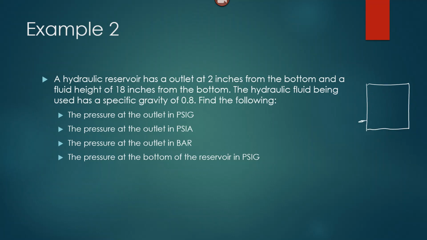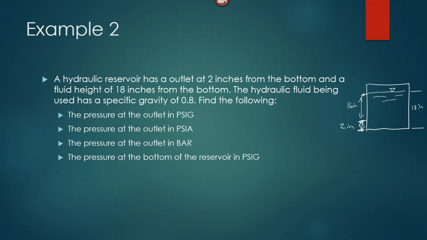Let's say we have an outlet here, and this height is 2 inches. Then we have a fluid height with a height from the bottom of 18 inches, which means our differential from the outlet to the fluid height is going to be 16 inches.